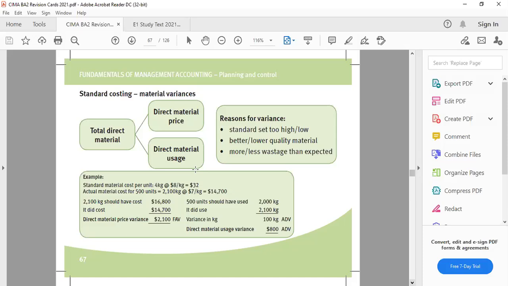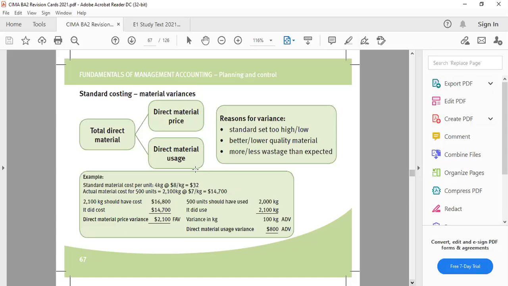When they plan whatever is the price, they assume that to prevail in the future as well. Therefore, they decide on the standard price. But suddenly, some unexpected event may happen, and there can be a drastic change in the prices. The actual price may increase or decrease, or something happens, and then that can result in a variance happening.